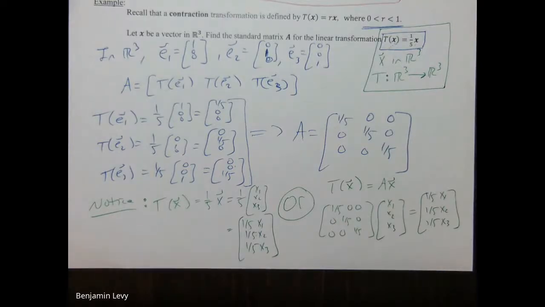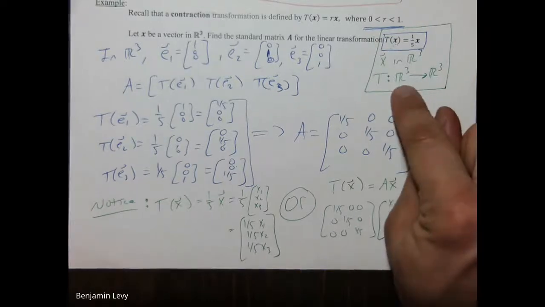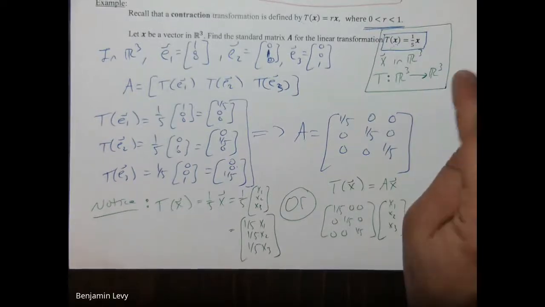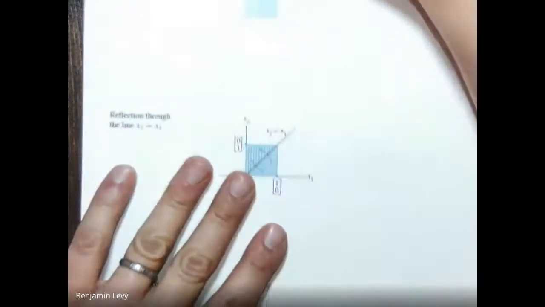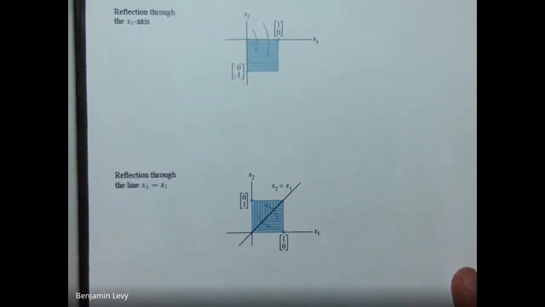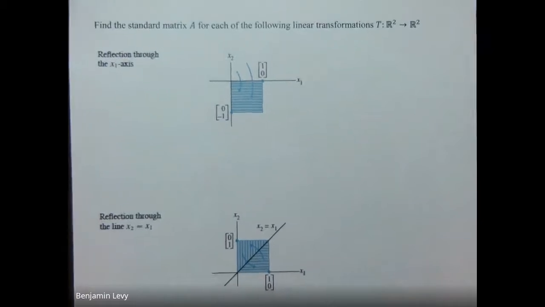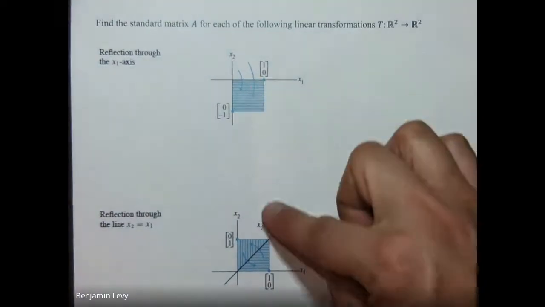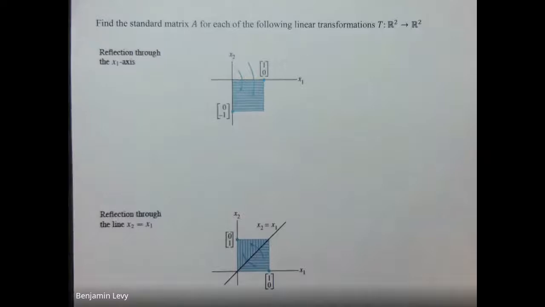All right, cool. So in the next couple pages, we're going to do the same thing, but just with examples in R2, right? So this was an R3 to R3 example. We're going to look at some examples on the next page, which are R2 to R2. Okay. And in each one of these transformations, we're being shown a box being transformed.